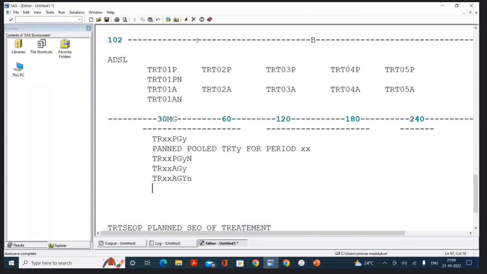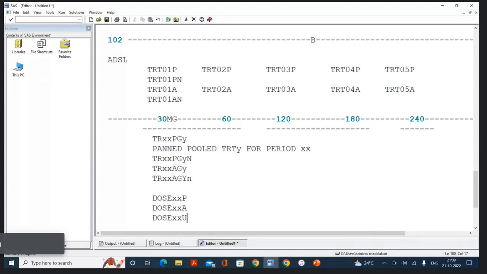Then we are going to have DOSEXXP, planned dose, and then DOSEXXA, actual treatment dose, and then DOSEXXU, the dose units for period XX. So these are the dose variables that we have, and these are the treatment variables that we have.